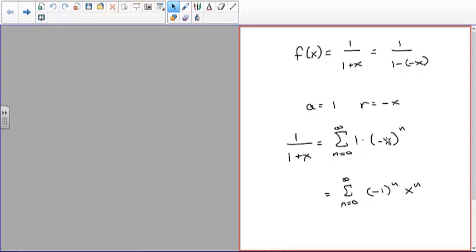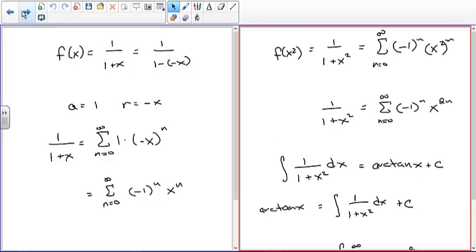And again, you can take (-1)^n out of this expression and make it separate, so it's an alternating sign result, and then you have just positive x^n left over. Okay, so that's what you get. Now if you look at 1 over 1 plus x squared, which is similar to 1 over 1 plus x, it's the same function except instead of x you have x squared.